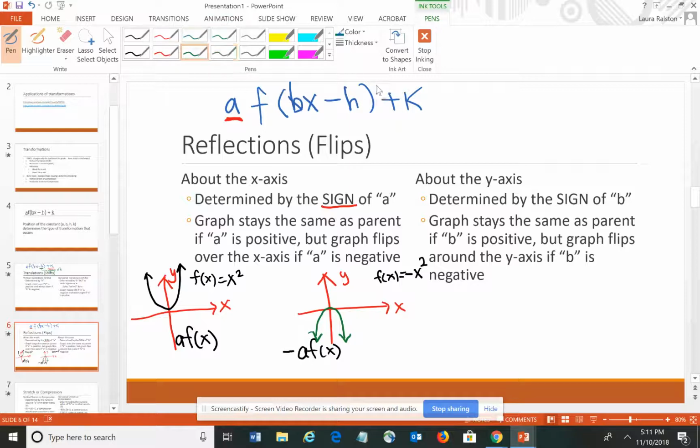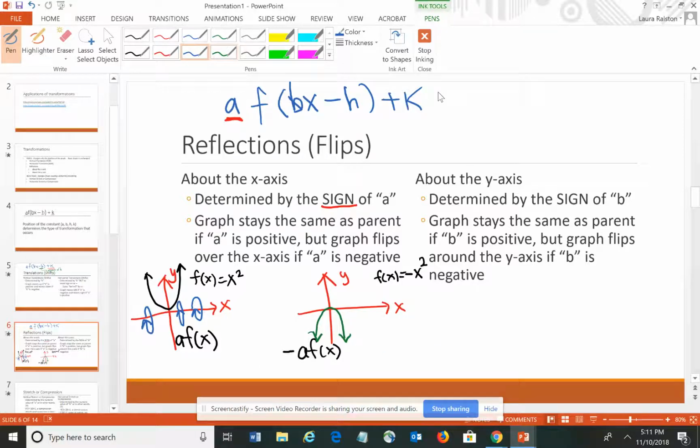It's as though you're rotating it about the x-axis. So when you have a flip, it's as though you're rotating it around the x-axis. Sort of think about like a water wheel, how a water wheel goes around and around and around on a post. So that's a reflection or a flip on the x-axis.